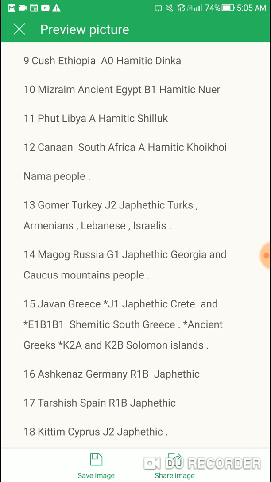He has a population of our people of E1B1A in it. They have E1B1B in it. They also share other similarities with other Bantu or E1B1A groups.